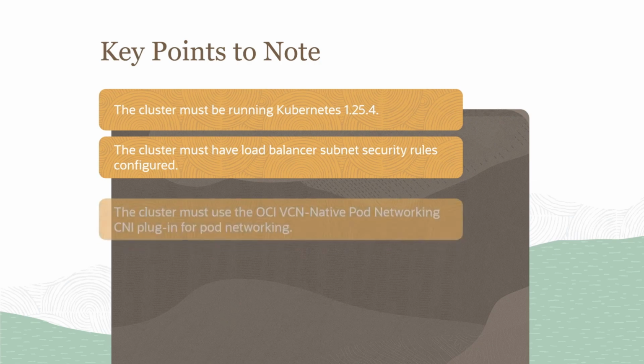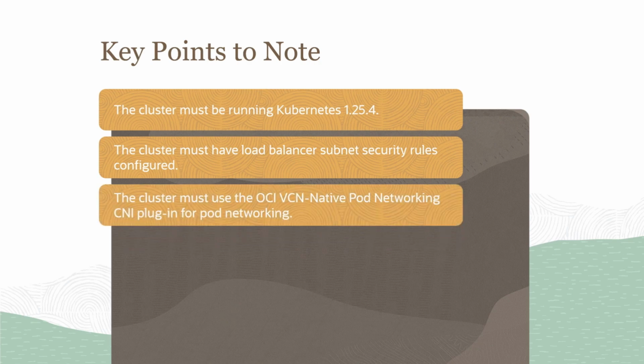Moving on, the cluster can be using either the OCI VCN native pod networking CNI plugin or the Flannel CNI plugin for pod networking. There's a catch here. If the cluster uses the OCI VCN native pod networking CNI plugin, the OCI native ingress controller will add pods as backends, as we had seen in the demonstration.